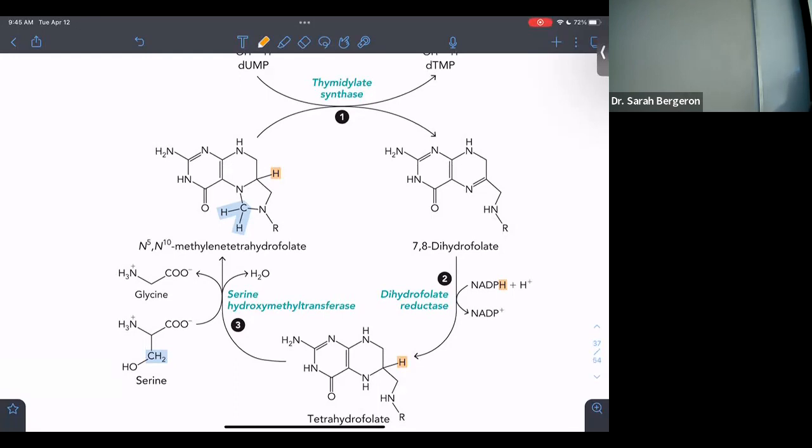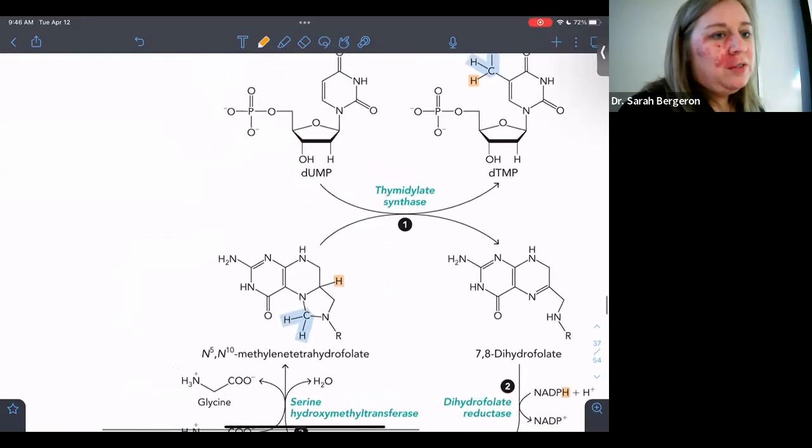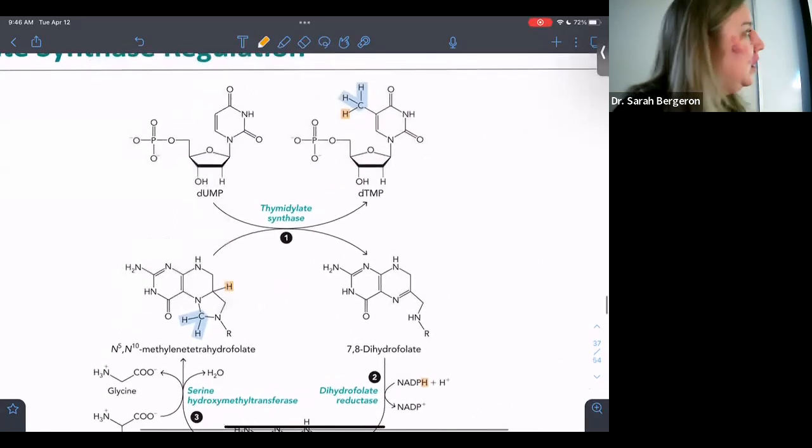We're going to use our electron donors of NADPH, right? We're going to pick up that extra hydrogen. So that's one of the hydrogens that we're going to need in our methyl group. Then we're going to use the serine and convert that tetrahydrofolate into a methylene tetrahydrofolate. And so this is where our carbons and our hydrogens are going to come from when we turn DUMP into DTMP.